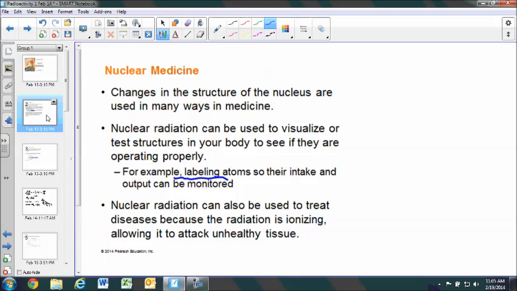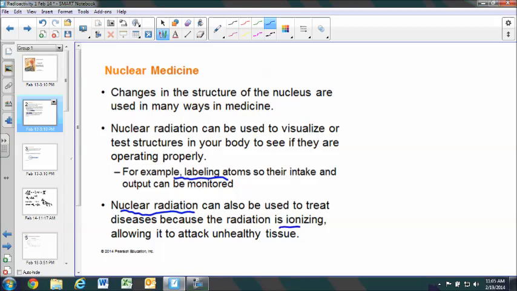And just the use of nuclear radiation as a way to treat cancer and so on, because one of the things that we have to know is that the radiation emitted by the nucleus is highly ionizing.